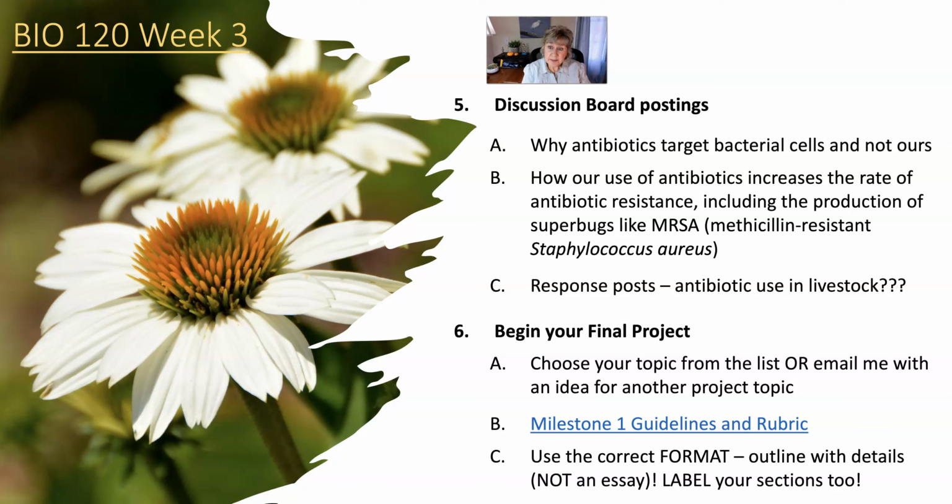But some populations of MRSA, methicillin-resistant Staph aureus, are now becoming resistant to other antibiotics, including vancomycin, which is one of the last antibiotics that we have to kill these bacteria. Hot topic in the world of microbiology, because eventually we're going to run out of antibiotics.